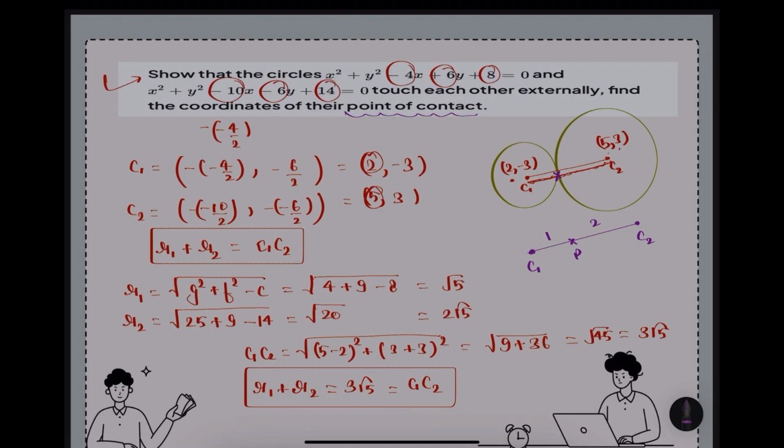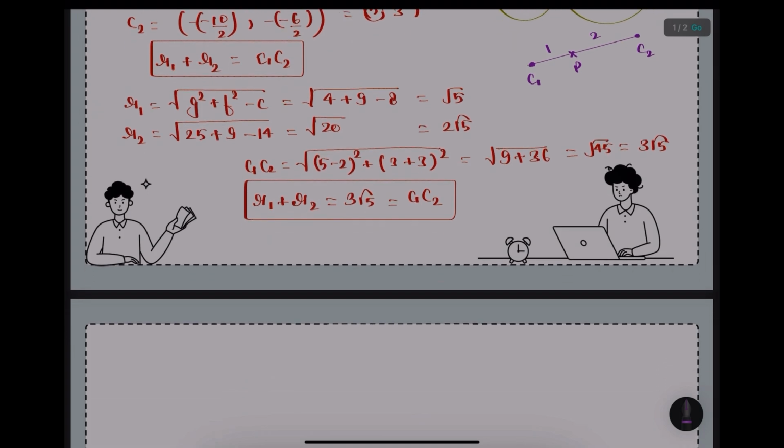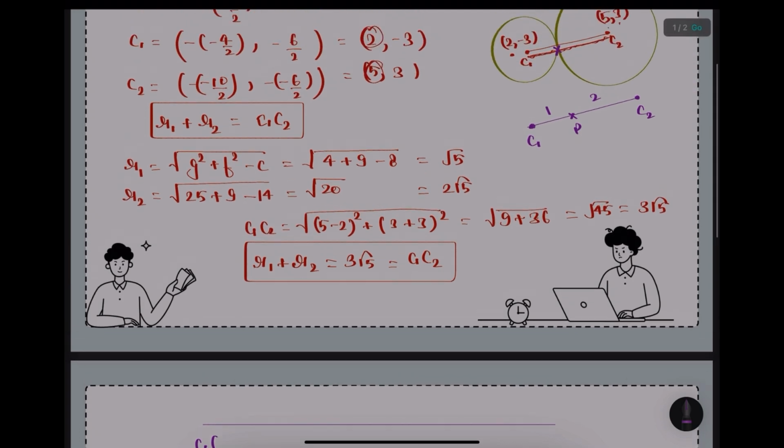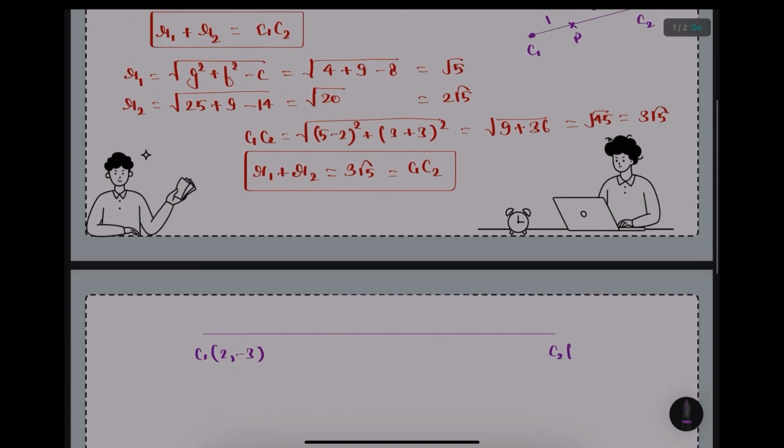Now you can apply the section formula over there. So how will we get it? You know that, I'll write that one again. C1 is 2 comma minus 3. C2 is 5 and 3. And this P divides in the ratio 1:2.